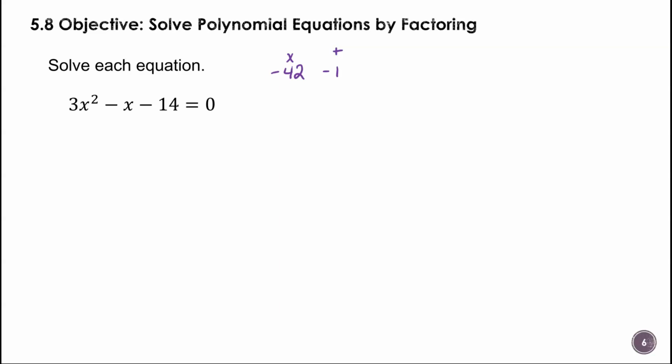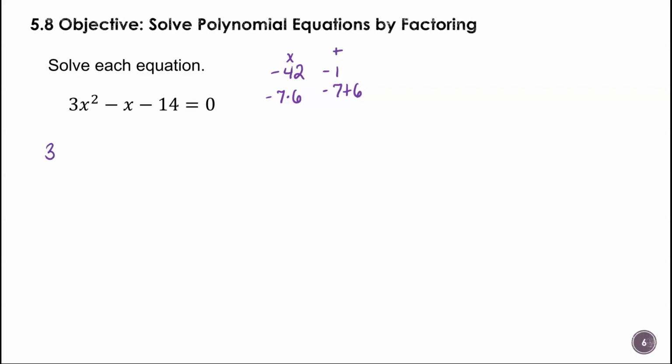I'm going to show you this method partly just as a reminder on factoring. So I'm looking for two factors that have a difference of 1, and that's going to be negative 7 and positive 6. Because when I add negative 7 and 6, I get negative 1. So it fits the criteria for both of the parts that I need.